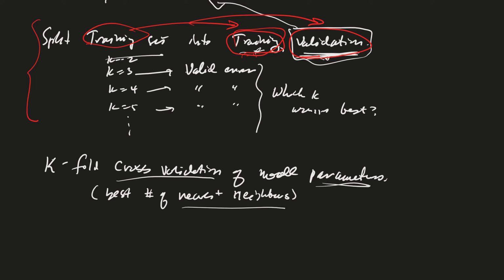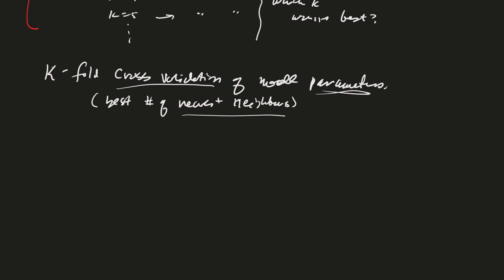Good. So the idea here is that we're going to take our set and break it up into more than just the two sets. In fact, let's do a specific example: five-fold validation. You can follow along here on page 121.